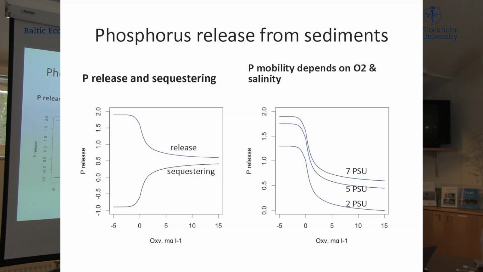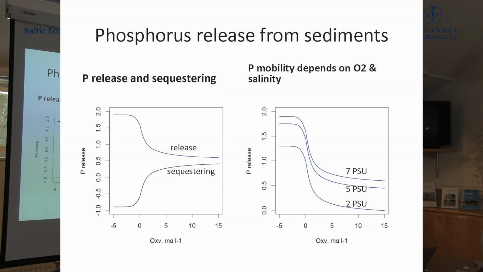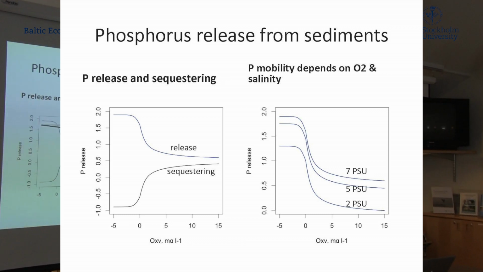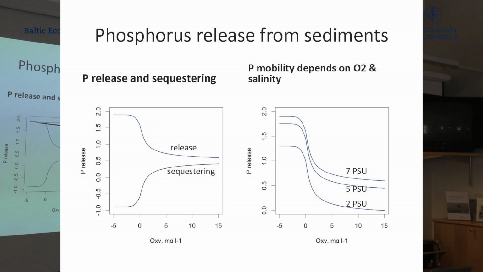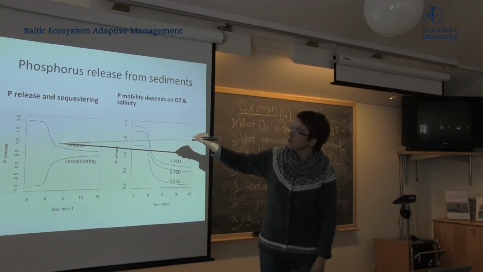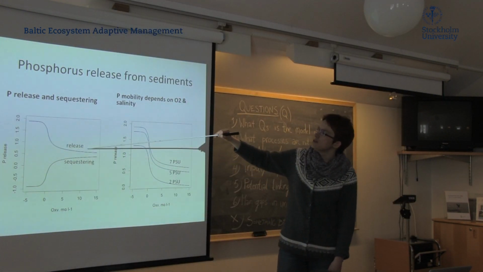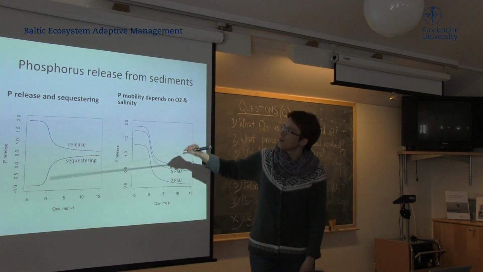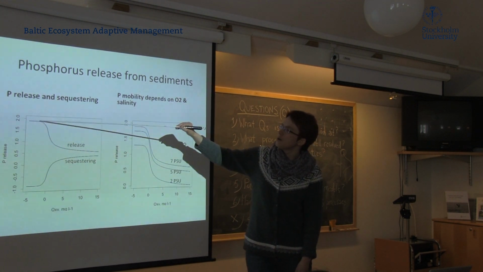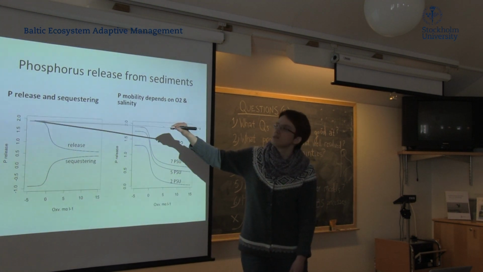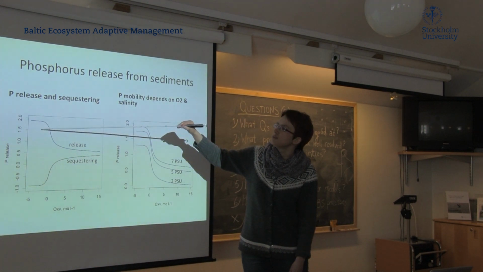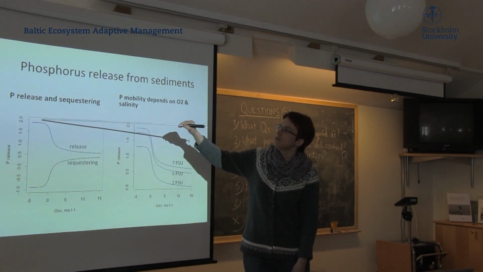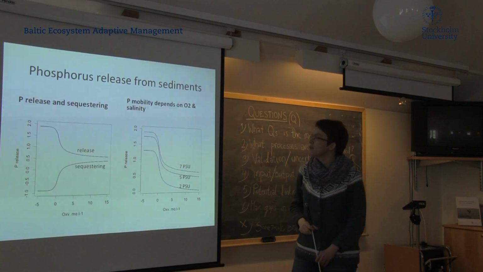So if you're in very anoxic sediments, you basically release all your mineralized phosphorus to the water column, and if you're in oxic conditions, you release only a small fraction of it, and the rest you store. And if you are in very anoxic conditions, you also release a part of the phosphorus that you have previously stored. So your phosphorus release is higher than your instantaneous mineralization rate.